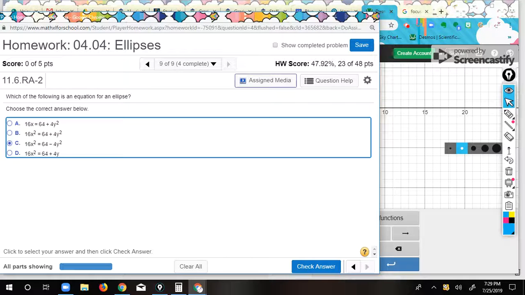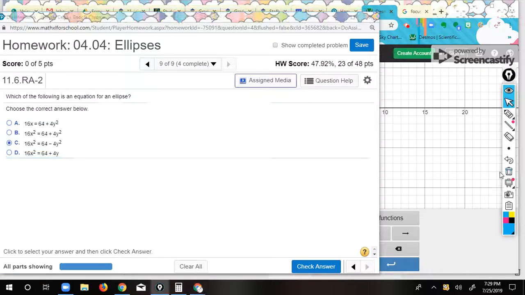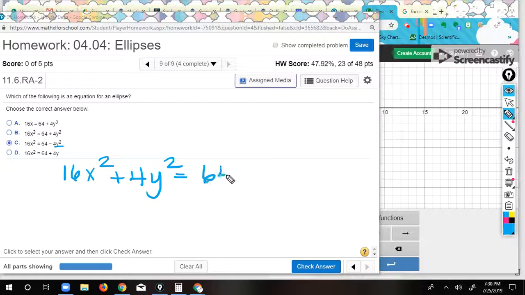So I believe we're looking at C. Because if I moved that 4y squared to the other side, I would add it. So that is how I would get them on the same side. So if you have a plus sign in the middle, you have an ellipse. If it's a minus, it's a hyperbola.